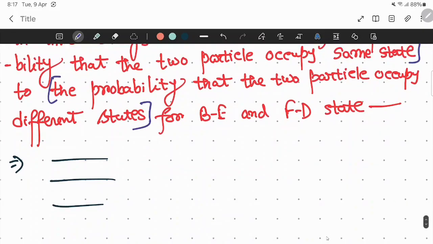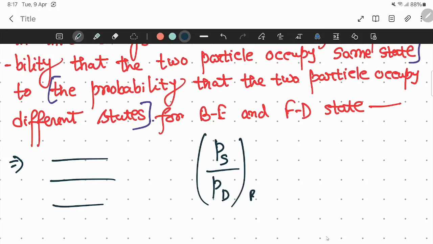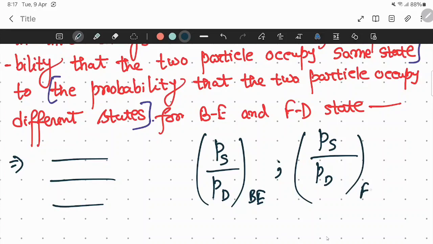So first, the probability of particles in the same state, let's say P same, divided by P different. This ratio we have to find out for Bose-Einstein distribution, considering the particles are bosonic, and for the fermionic case.